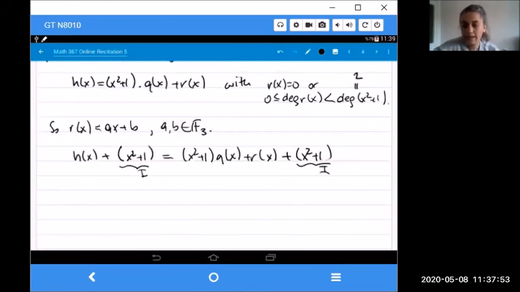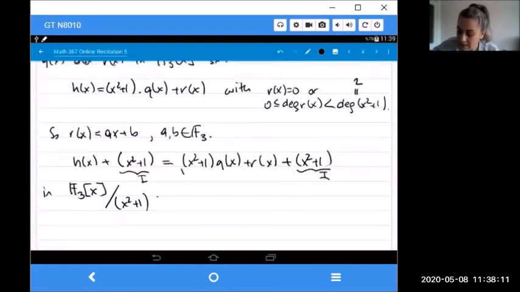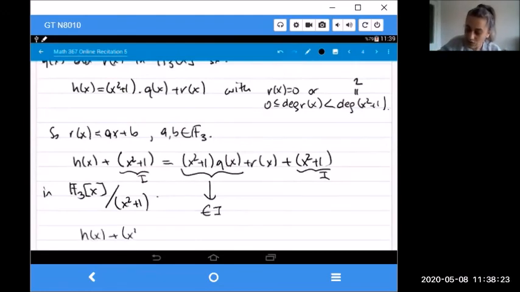I'm considering these two sides of the equality as coset representatives in the quotient ring F3 of x over the ideal generated by x squared plus 1. But since this part is a multiple of x squared plus 1, it lies in I. So h of x plus the ideal is equal to r of x plus the ideal generated by x squared plus 1.